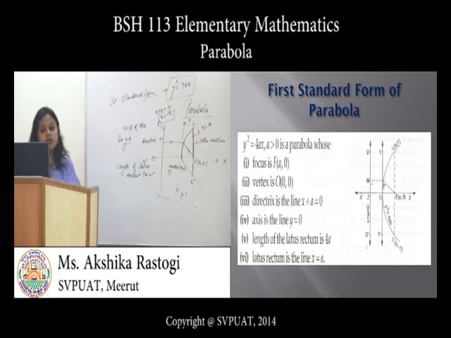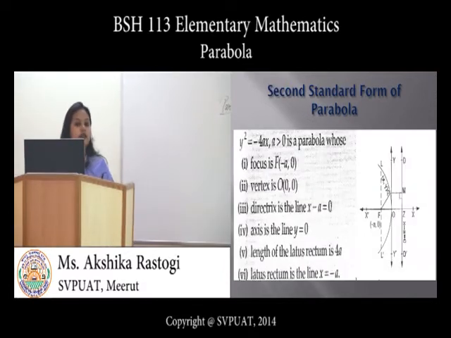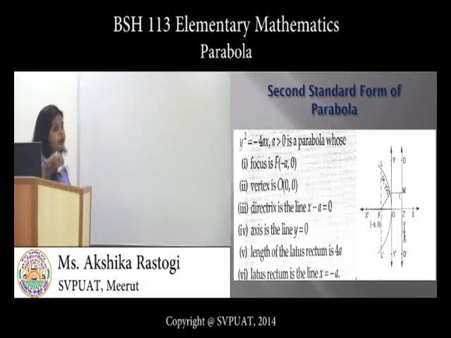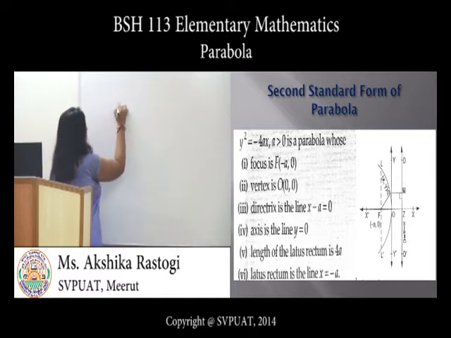The axis of the parabola is y equals to 0, the length of the latus rectum is 4a, and the latus rectum is the line x equals to a. These are all the formulae for this first standard form, also known as the right-handed parabola. Now we have another standard form of parabola. We have now the second form.